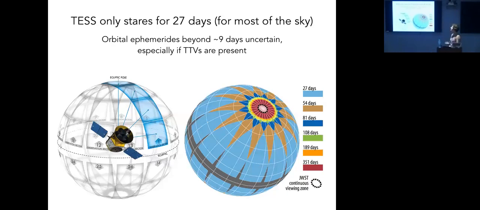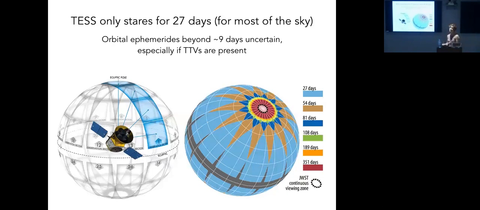So for any planets beyond about 9 days, the orbital ephemerides will be really uncertain. And we need photometric follow-up to get correct orbital periods for these planets, just so that we know when to point James Webb at the star to observe a transit.